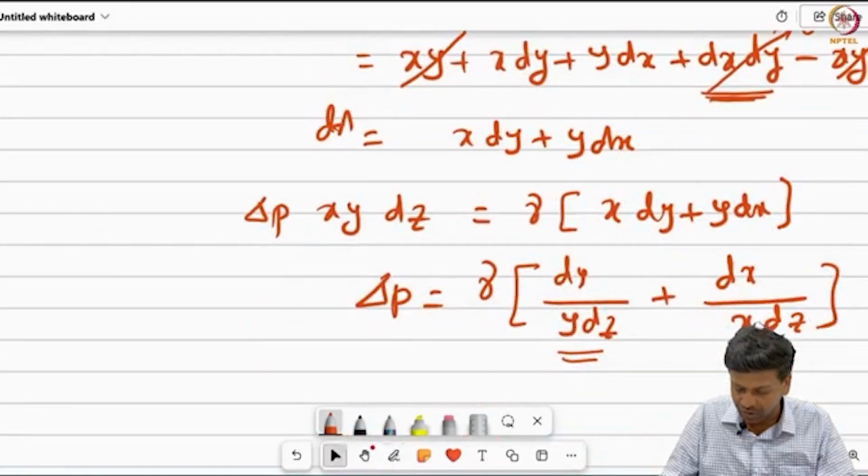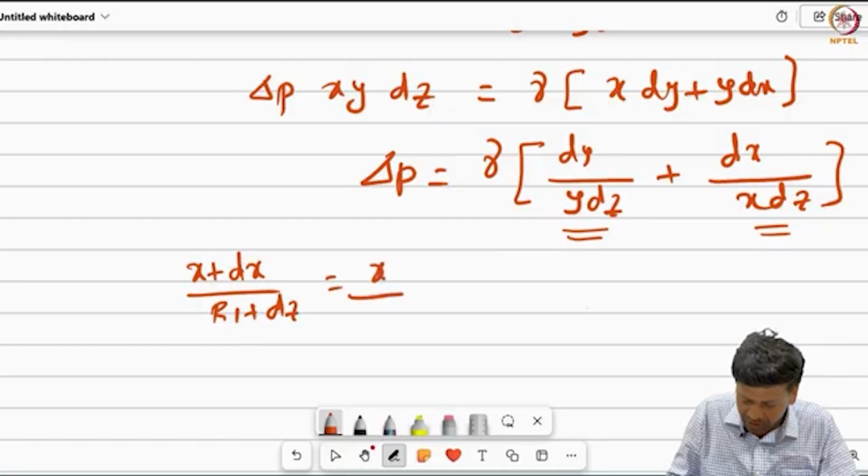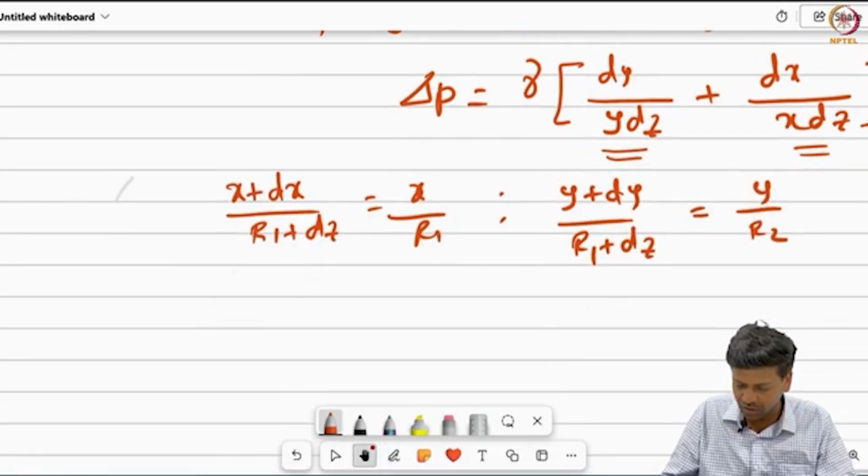For that, we resort to the proposition that we set, that is x plus dx divided by R1 plus dz is nothing but x by R1, and y plus dy divided by R2 plus dz is nothing but y by R2. So this is what we have.